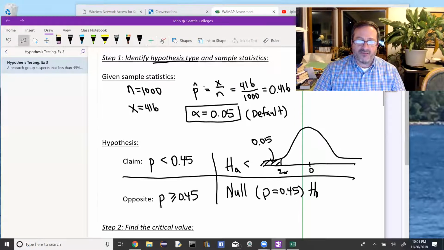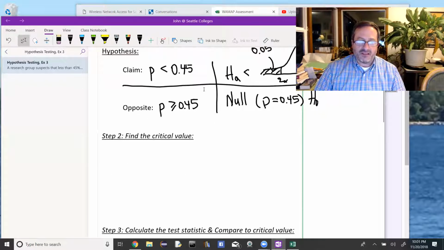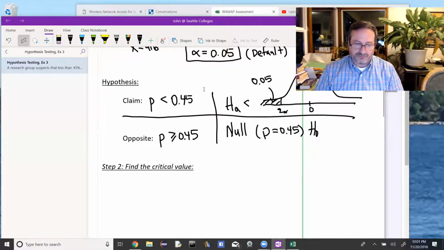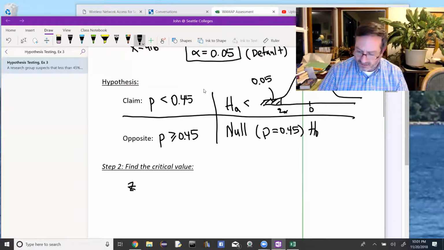I'm going to scroll down. To find that Z alpha, we're going to use Excel. Z alpha equals, I know the area to the left, so that's norm. It's a standard normal distribution.